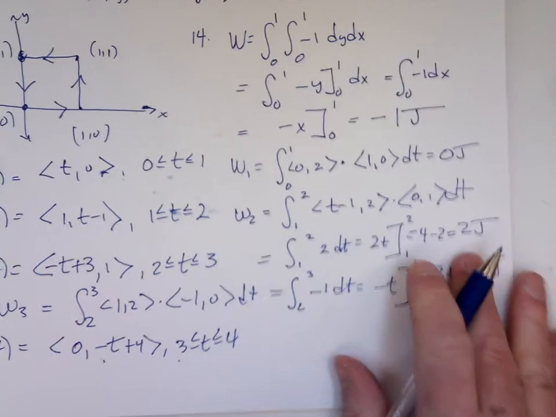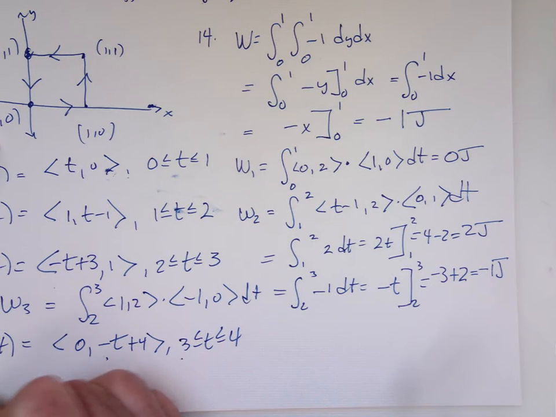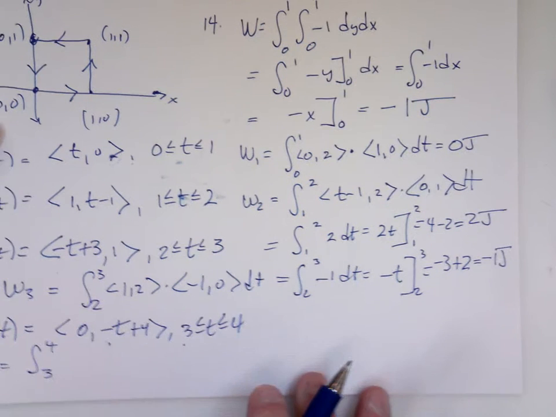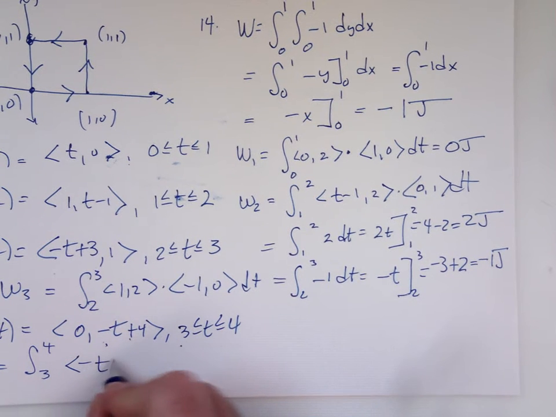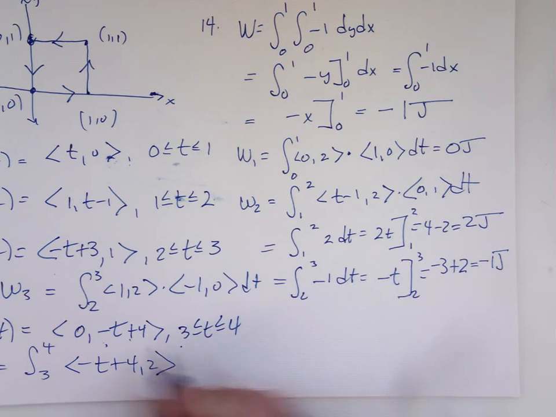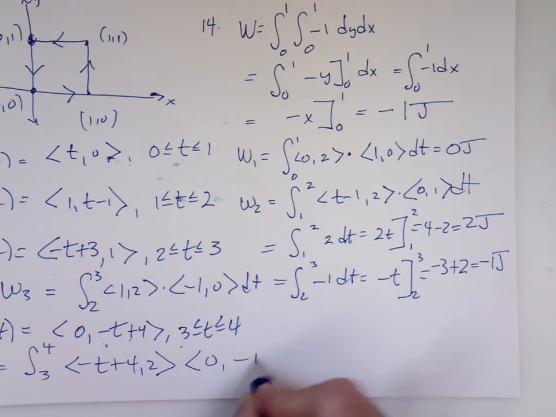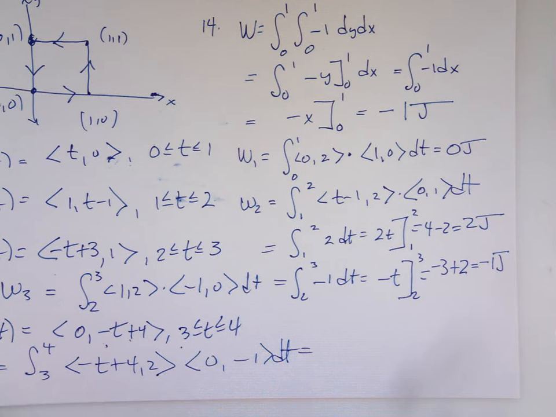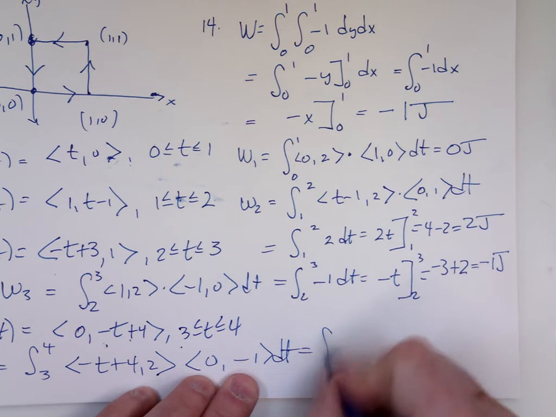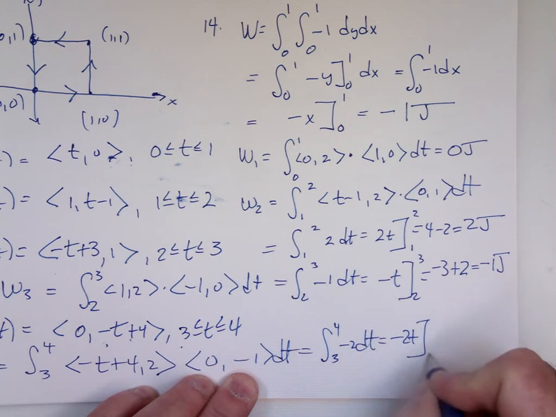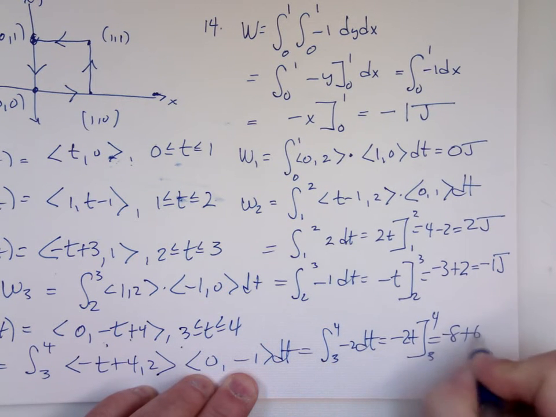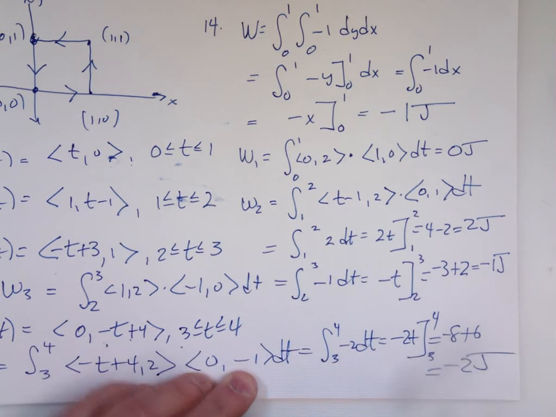The work, fourth piece, is the integral from 3 to 4 of y2, R prime, and that's a negative 2, negative 2t. Negative 8 plus 6, a negative 2 joules of work coming down that side.